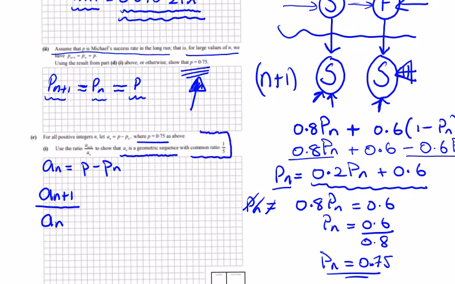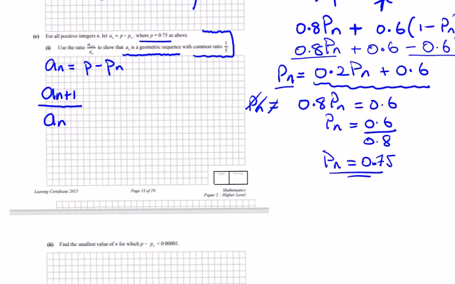So a bit of a jump in this question into geometric sequences. But if we have an here, this is an. What's an plus 1? Well, n has just changed to n plus 1. So it's going to be equal to p minus pn plus 1.